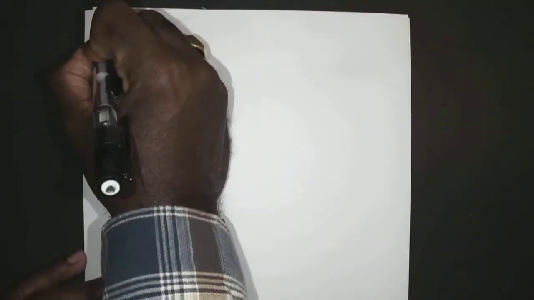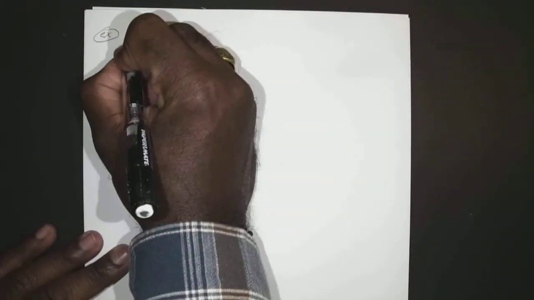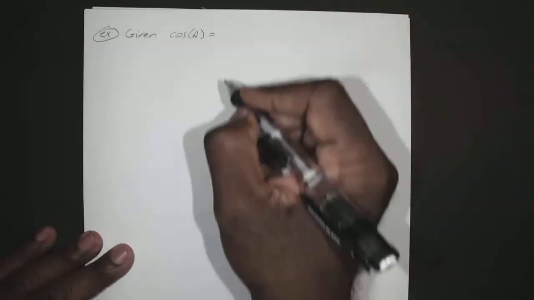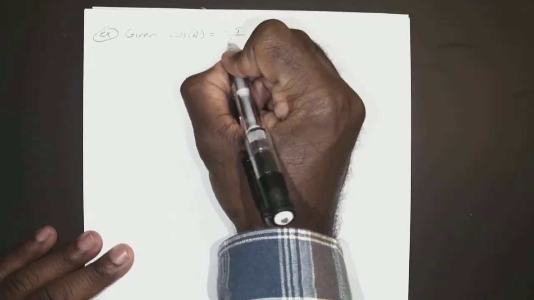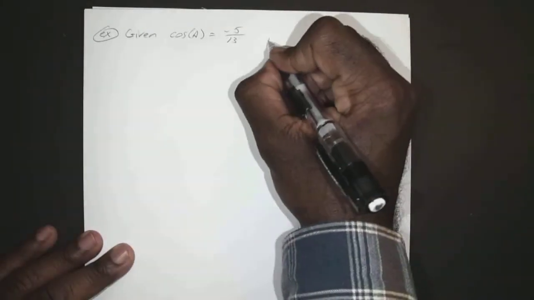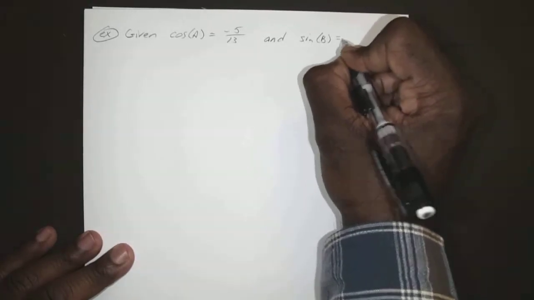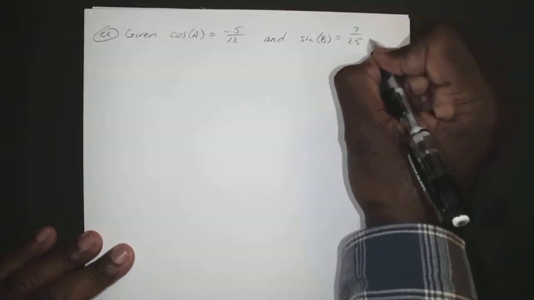Okay, so let's say, for example, let's say you're given that cosine of A is equal to negative 5 over 13, and sine of B is equal to 7 over 25.